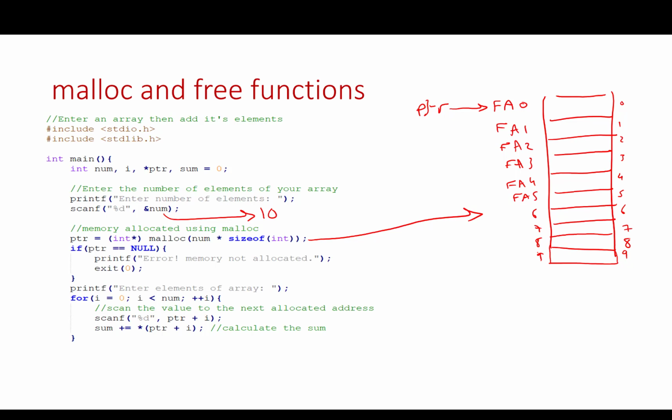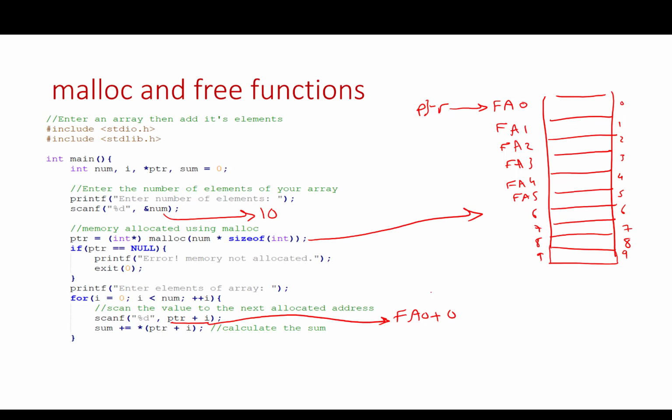Okay? So what I'm doing here is the following. This part is saying the following. In the first loop, it will have FA0 plus 0. Here i equals 0, right? The first loop. Where is this address? First one here, right?